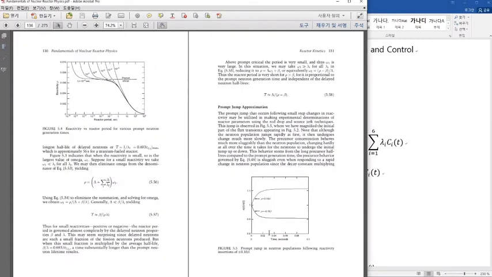I also emphasize the importance of understanding figure 5.4, reactivity versus reactor period, and you also need to understand this graph with the explanations on pages 130 and 131.